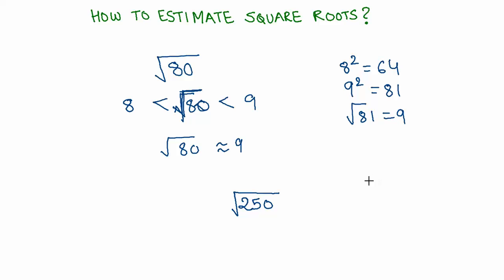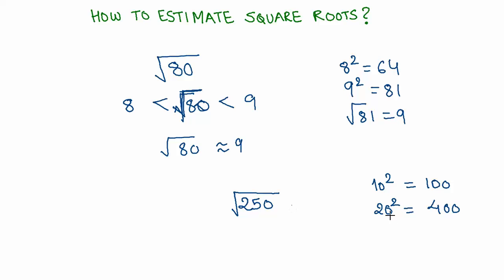Let us say we do 10 squared, so that gives me 100. And if I were to say 20 squared, what would that give us? 20 squared would give us 400. So we have 100, and 100 is a bit farther away from 250. Similarly, 400 is also 150 units farther away from 250.